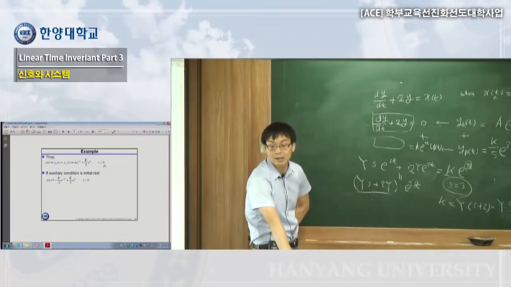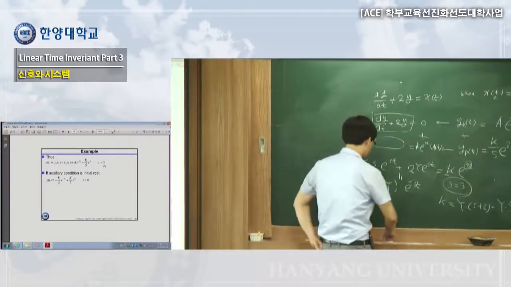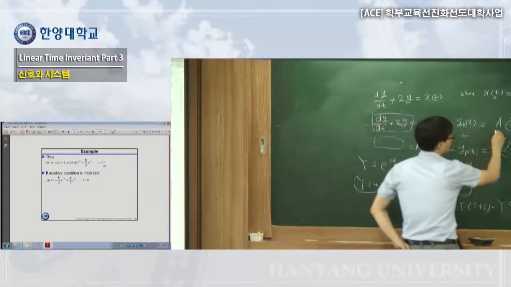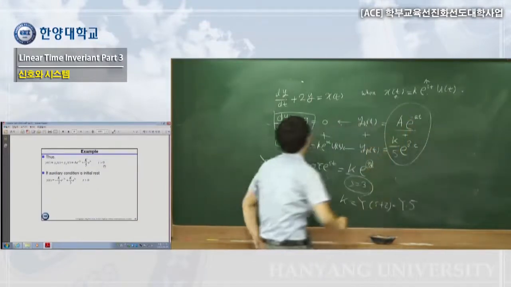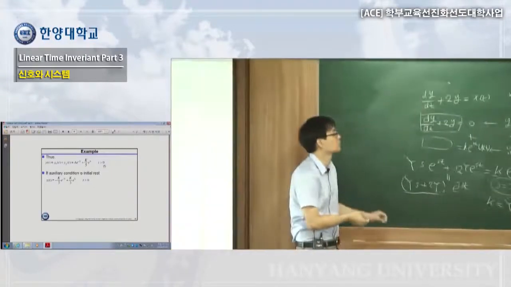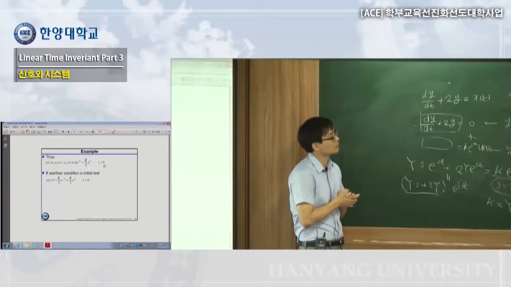Now, what do we need? So solution is like this. Solution will be this one plus this. You can see them in two ways.